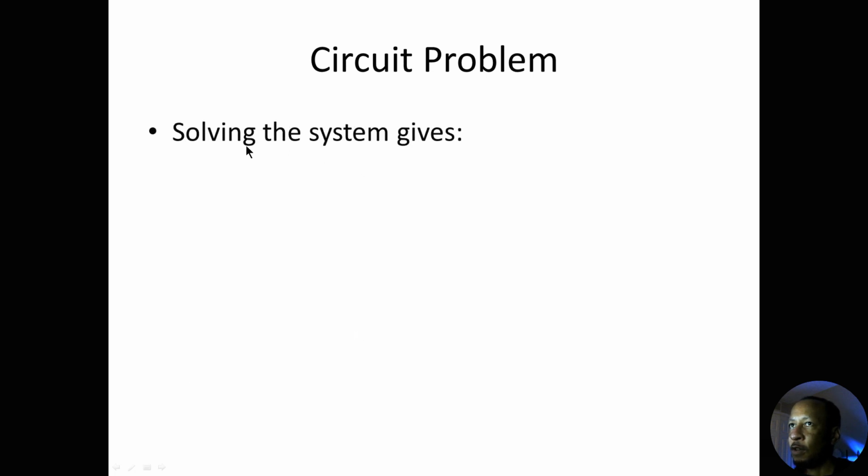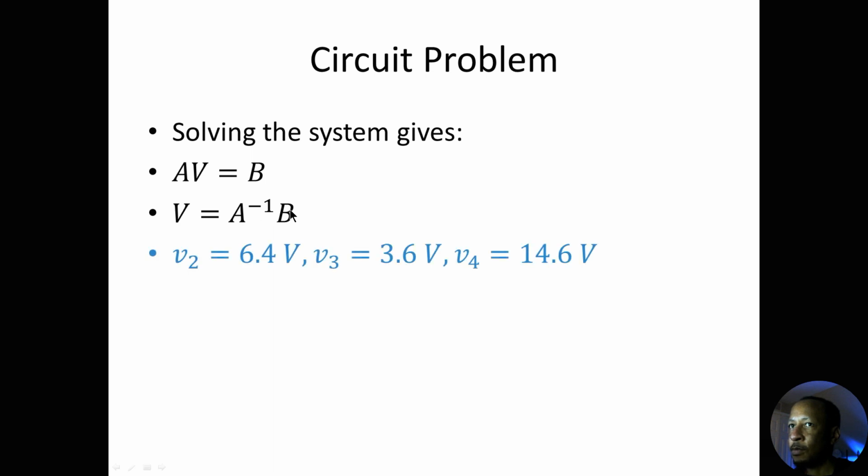So solving this system will give us AV equal B, which is the system equation, and using matrix algebra for that, V equals the inverse of A times B. And what we end up with is V2 equals 6.4 volts, V3 equals 3.6 volts, V4 equals 14.6 volts.